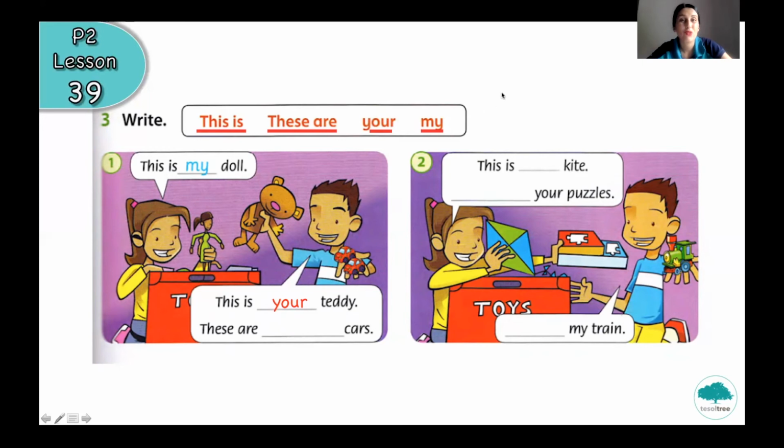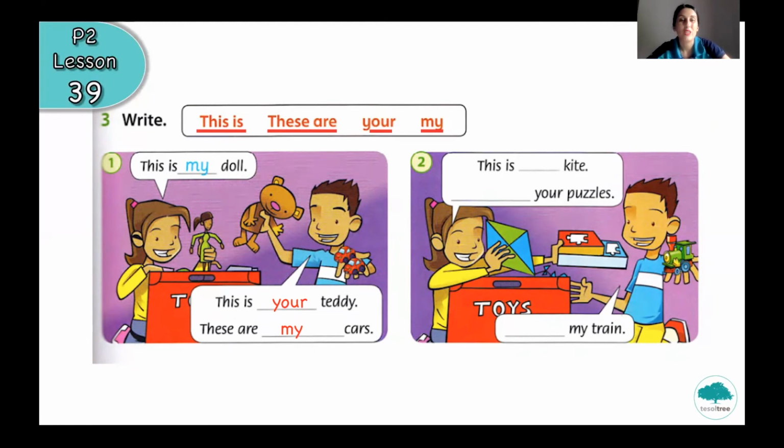And that's why we have to use, can you guess? My. That's correct. We have to use my because the boy has two cars and he says, these are my cars. These are my cars. Great, P2. We finished the conversation number 1.